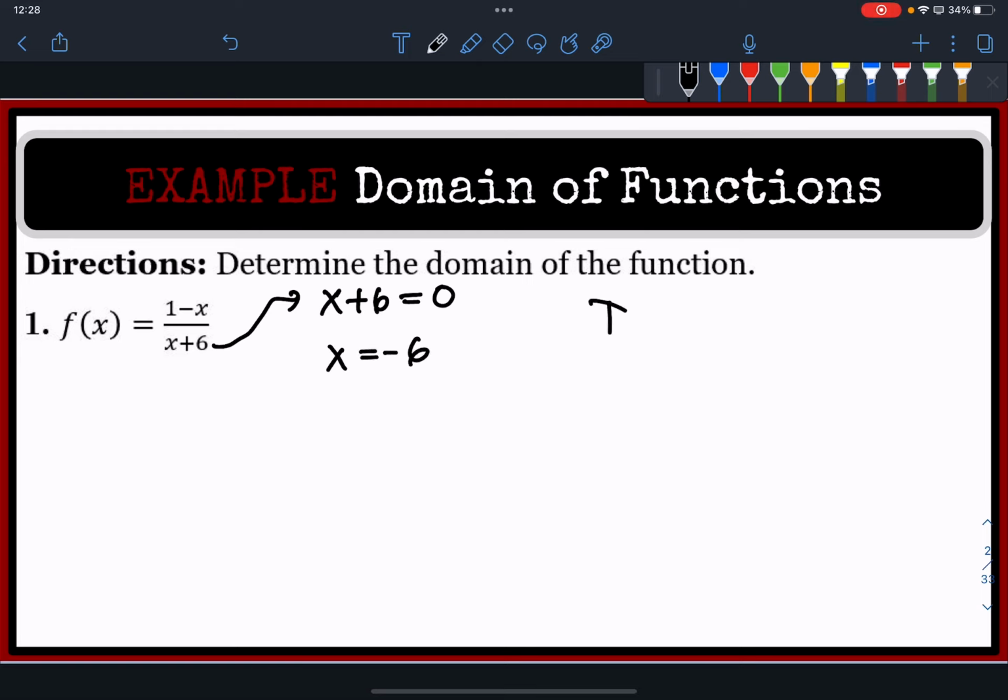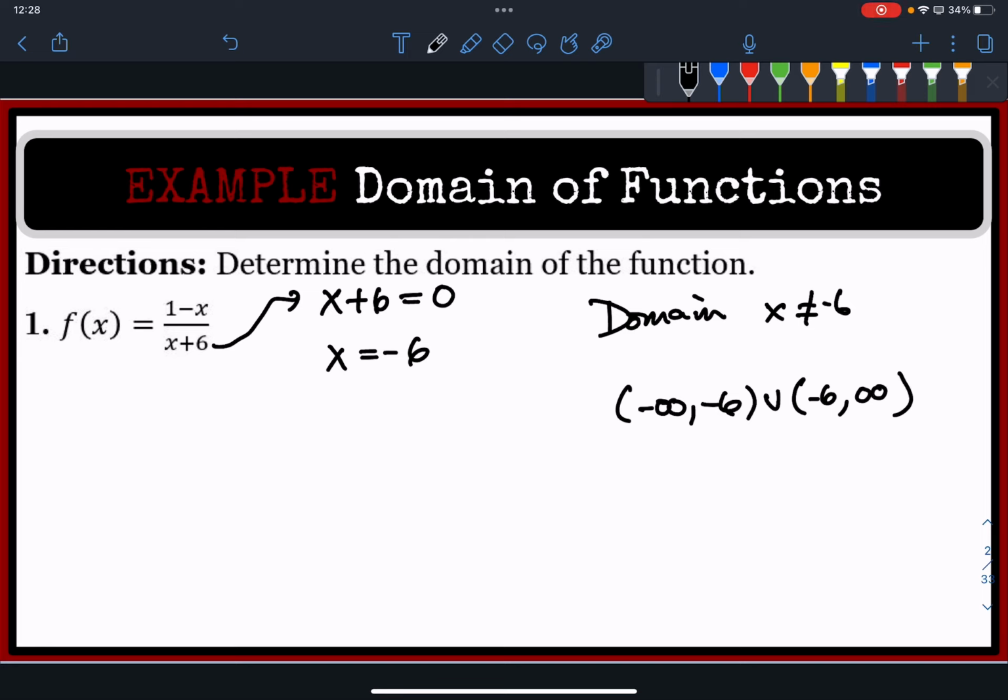So our domain will exclude that value of x and only include the real numbers from negative infinity to negative 6, and then jumping over negative 6 all the way to positive infinity. So that's one way of excluding numbers in the domain, and only these types of functions where we have an x in a denominator have an exclusion.